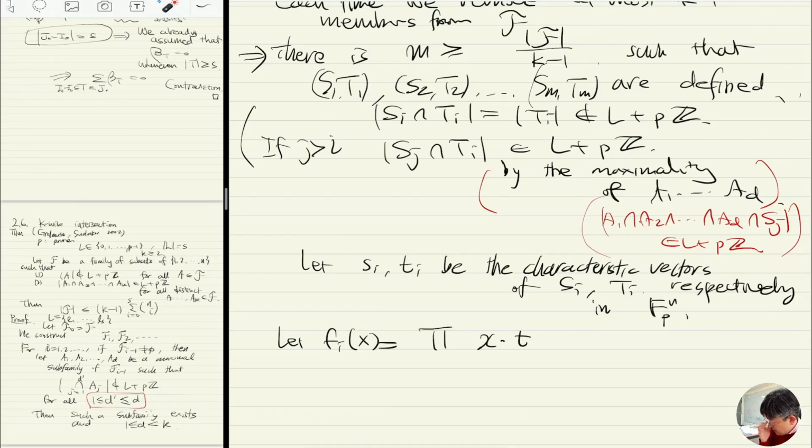It doesn't matter whether I choose T or S, but now let me choose T. So that's the polynomial.